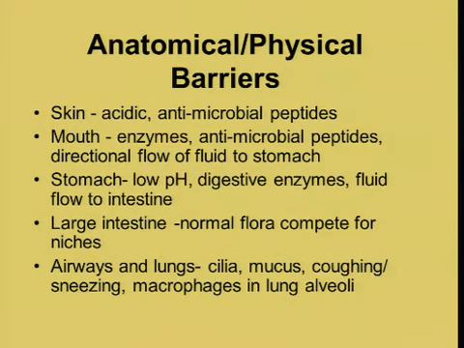Things like the hair in your nose, not the hottest thing on a first date, but it's there to keep things out. So the initial responses are usually physical barriers, physiological responses, and things like mucus and cilia.